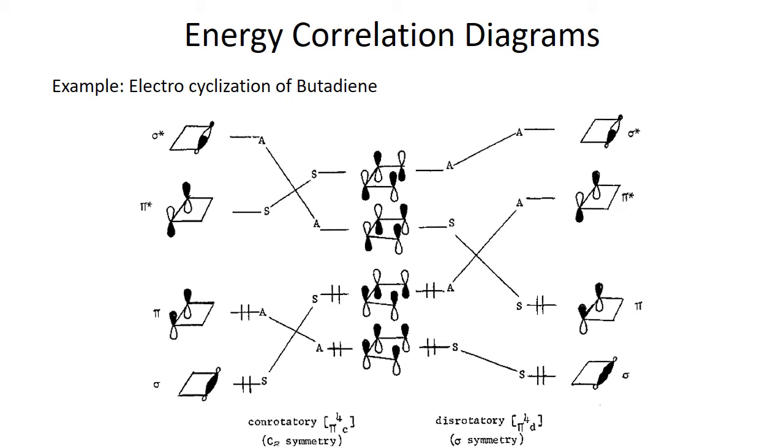If we talk about pi 1, the first, lowest energy molecular orbital of butadiene, it is symmetric with respect to the mirror plane, and it is asymmetric with respect to the C2 axis.